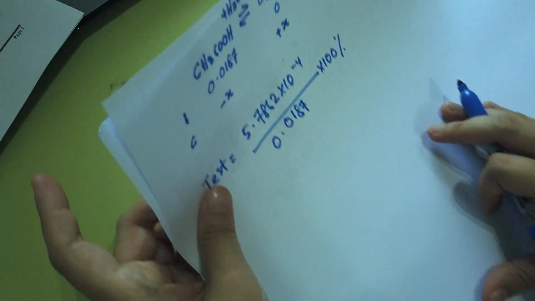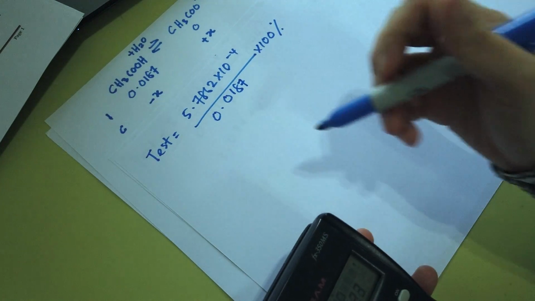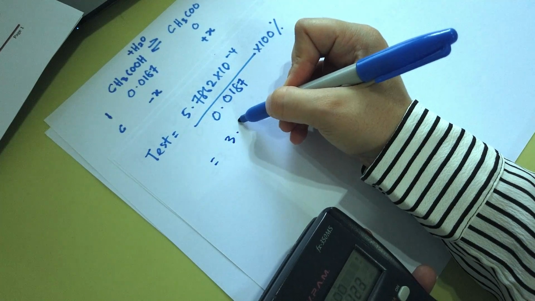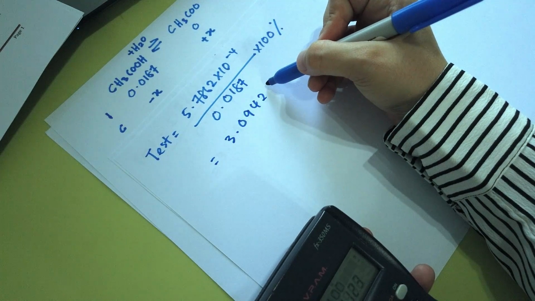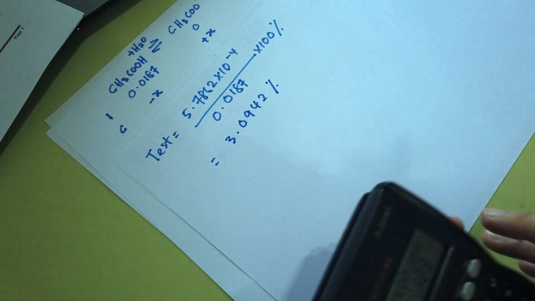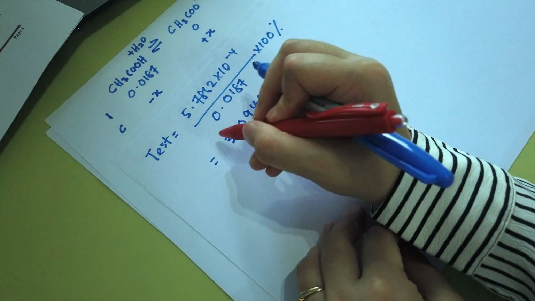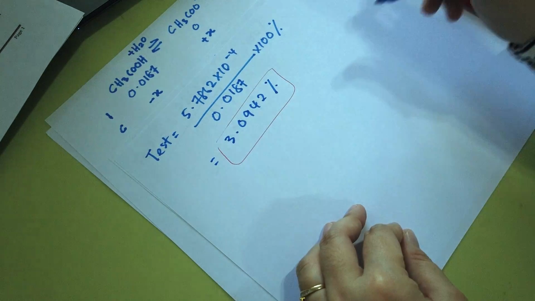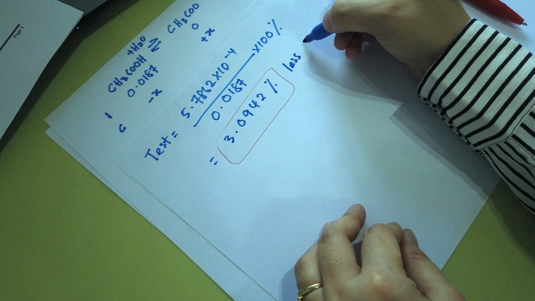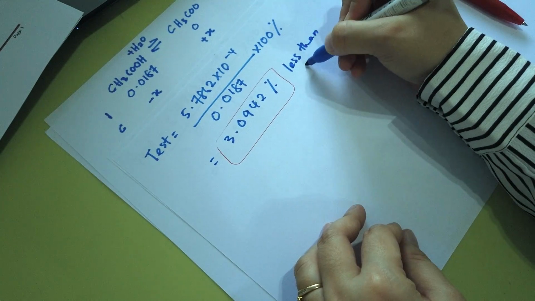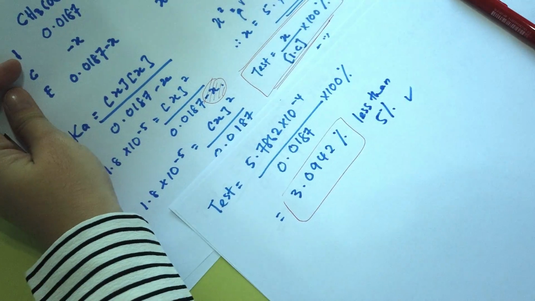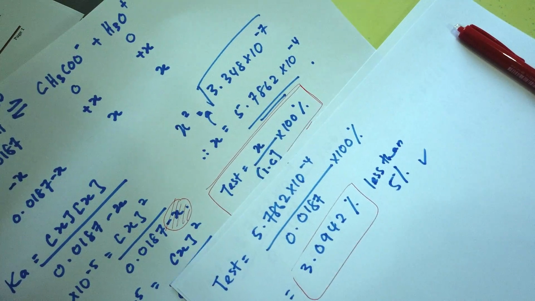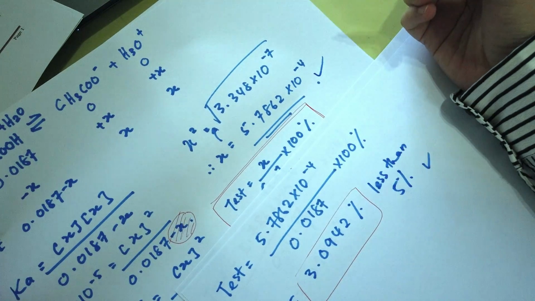You can calculate that and you will get 3.0942%. Since this is less than 5%, therefore this value of x is approved.